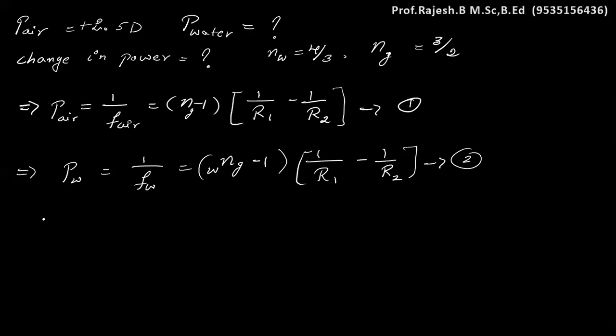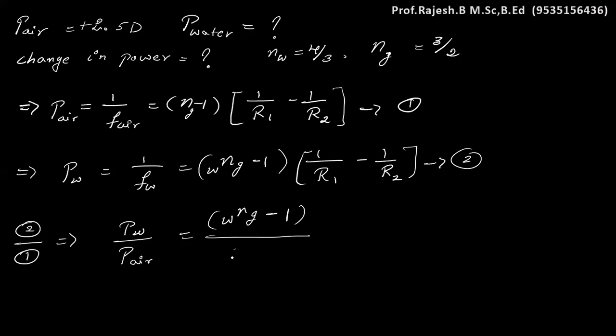Now divide these two equations. Equation 2 by 1, we get P_w divided by P_air is equal to refractive index of glass with respect to water minus 1, divided by refractive index of glass minus 1. Because the similar terms like 1 by R1 minus 1 by R2 will get cancelled.